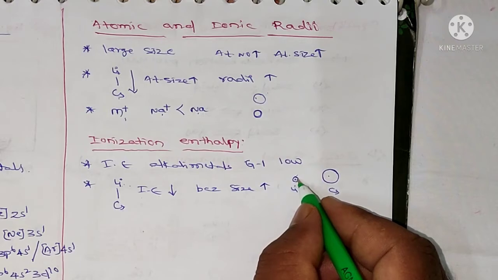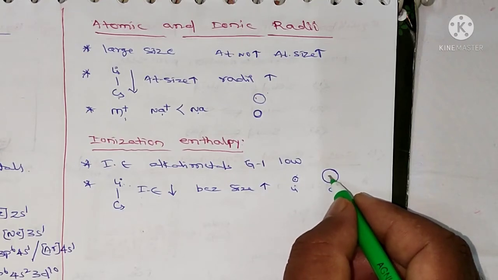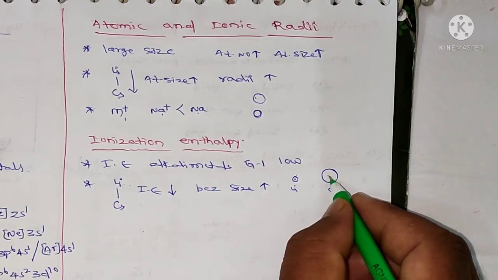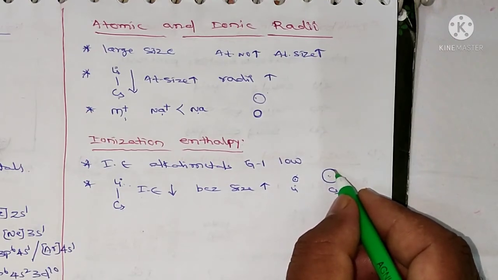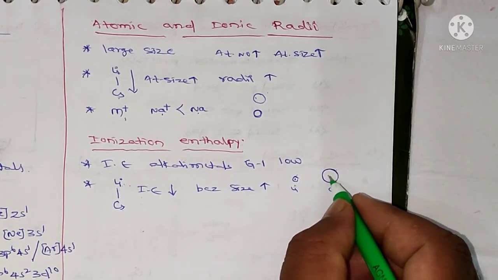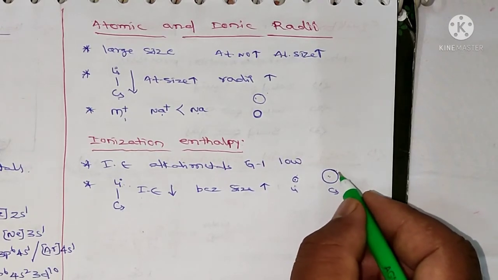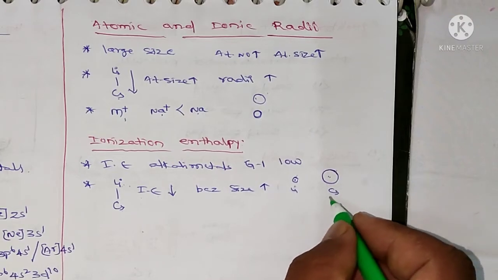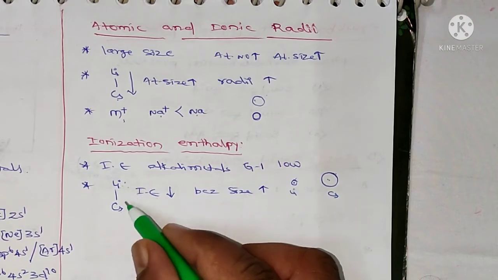If you take cesium, the distance between the nucleus and the outermost electron is more. So we can easily remove that electron because the attraction is less between the negative charge of the electron and the positive charge of the nucleus. So the ionization enthalpy decreases from lithium to cesium.